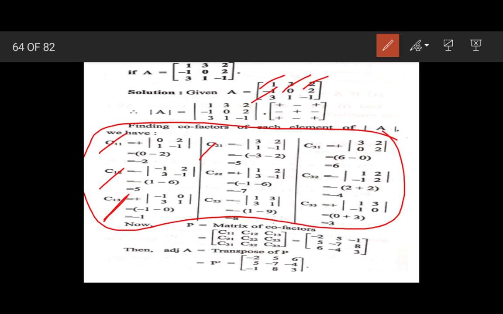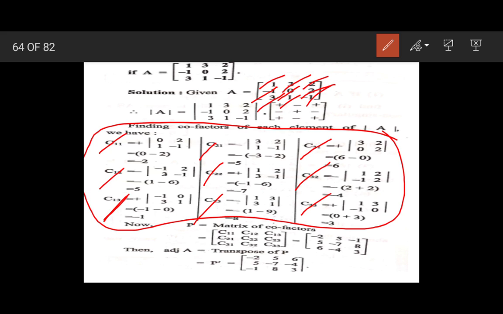C21 means cofactor of minus 1. C22 means cofactor of 0. C23 means cofactor of 2. C31 means cofactor of 3. C32 means cofactor of 1. C33 means cofactor of minus 1.